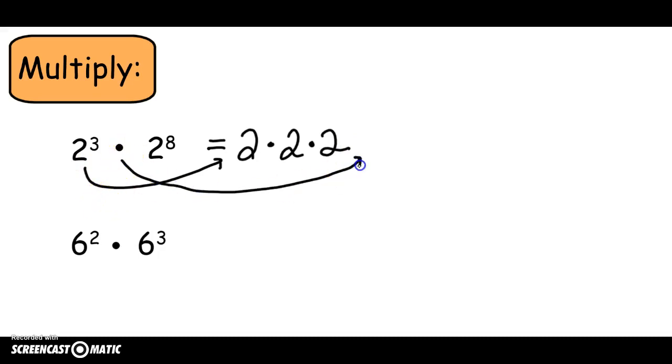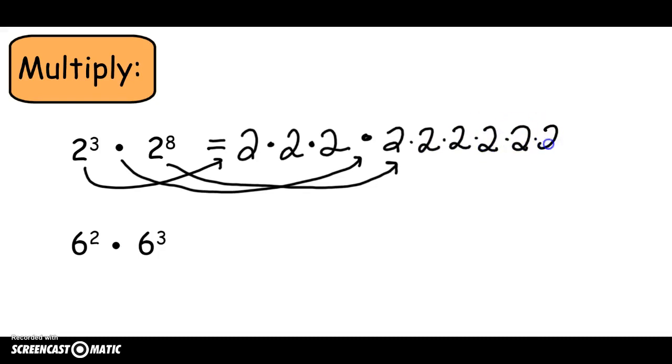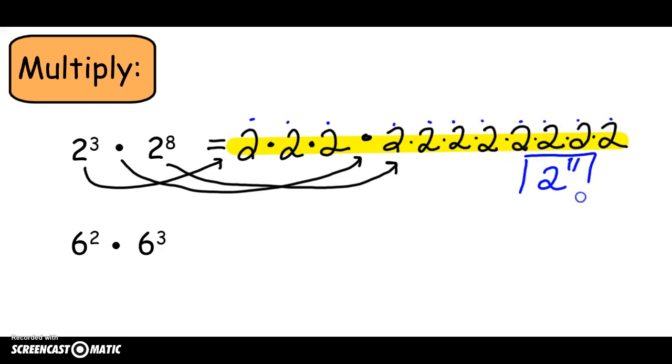Then we're going to multiply that by 2 to the eighth, which is 2 times 2 times 2 times 2 times 2 times 2 times 2 times 2. If I gave you just this problem and asked you to rewrite that using exponents, you would easily do that by counting: 1, 2, 3, 4, 5, 6, 7, 8, 9, 10, 11. That is 2 to the 11th. That's all we're doing. We're just simplifying it.